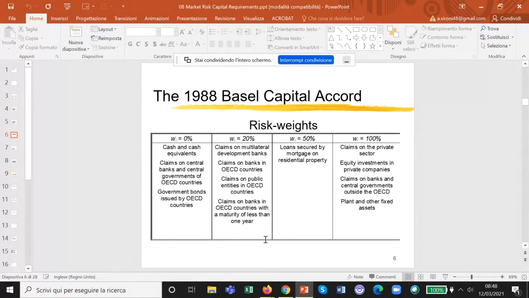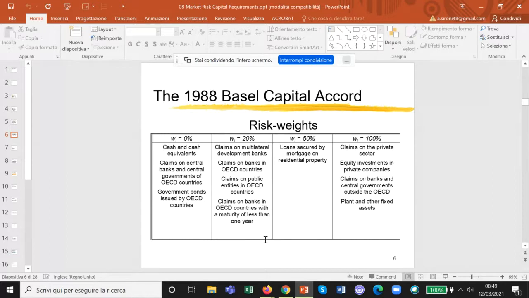And risk weights could be 0%, 20%, 50%, or 100%. Basically, the assets that are considered to be very, very low risk, like cash or government bonds issued by OECD countries, would get a weight of 0.